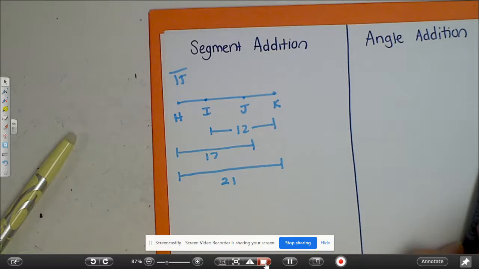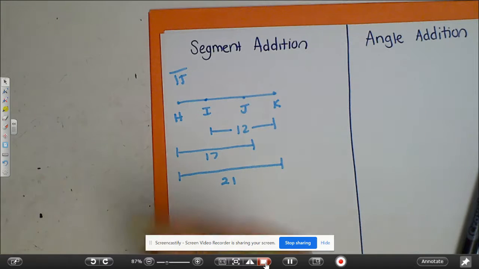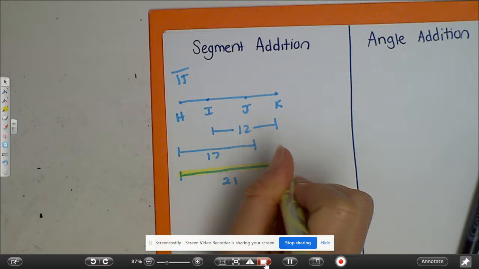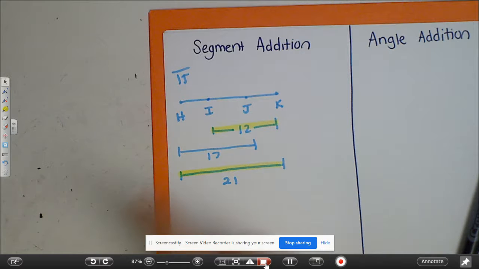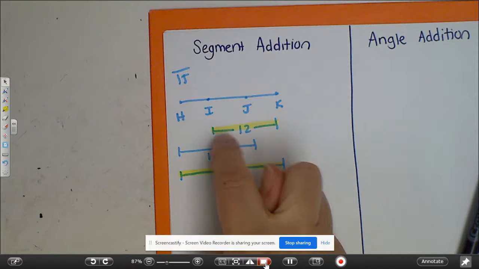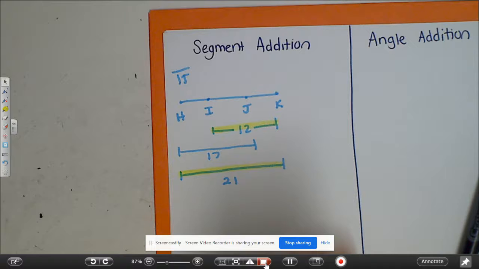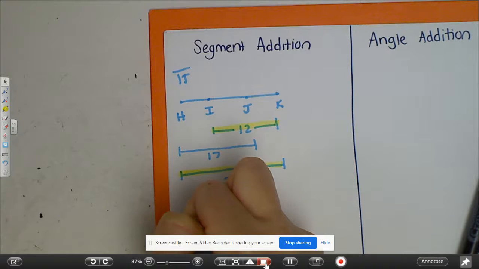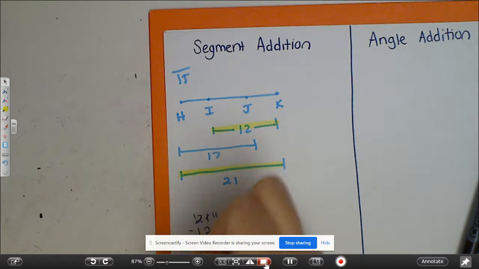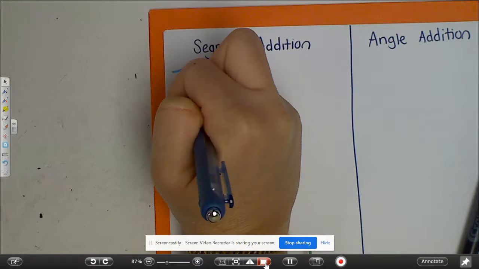But if you look at this one, the whole thing is 21, and this part is 12. So we need to figure out what HI would be to add to 12 to get 21. You could do that even using subtraction, 21 minus 12, or you could use what you already know.